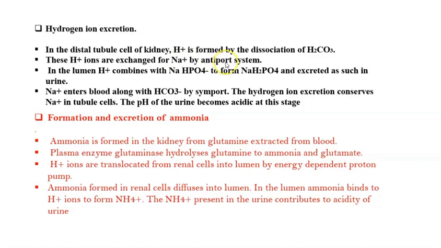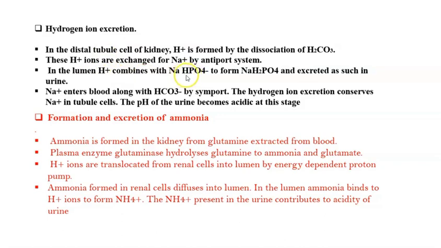As the hydrogen ion moves out of the distal tubes immediately after dissociation of the carbonic acid, the sodium ion is coming inside. Once it has moved out, it goes to the lumen again, and there it combines with this phosphate buffer.